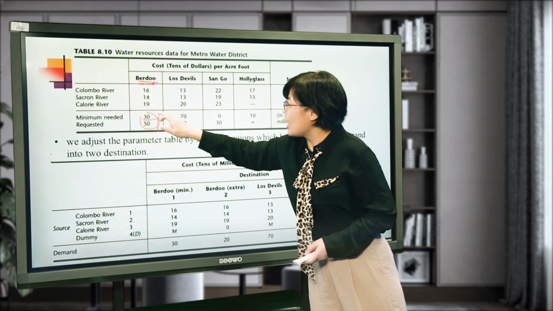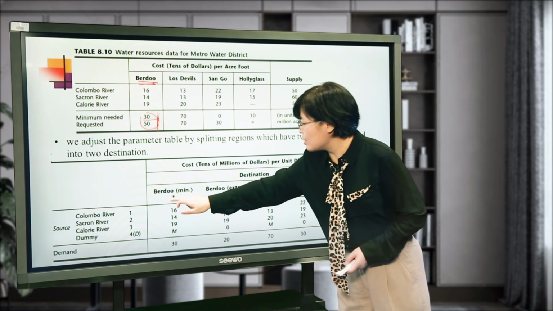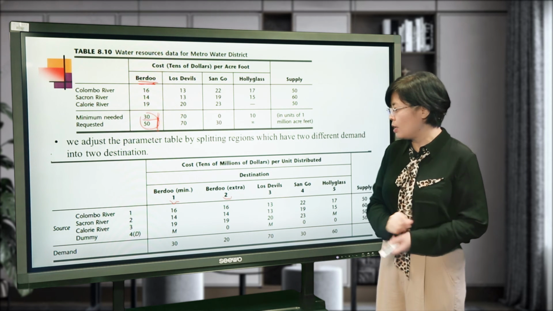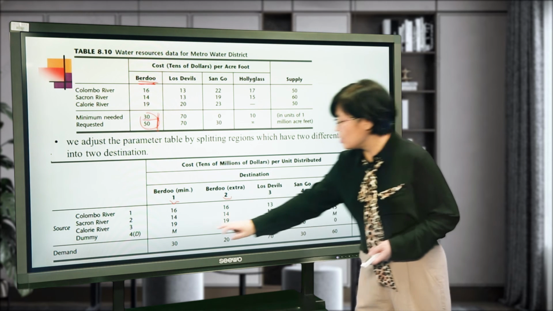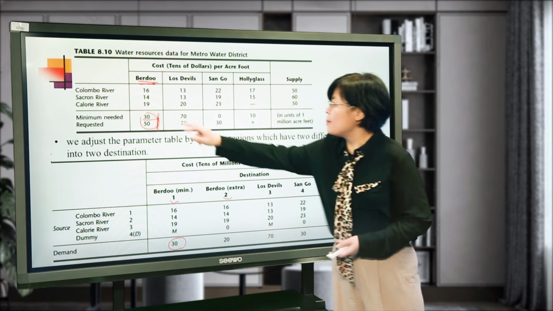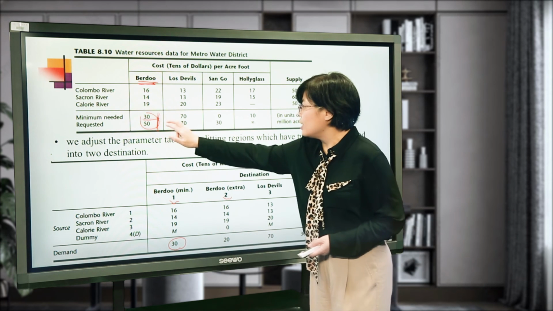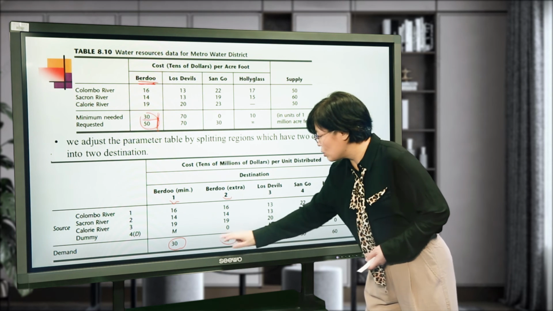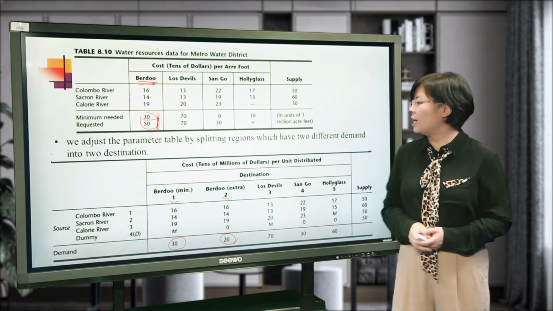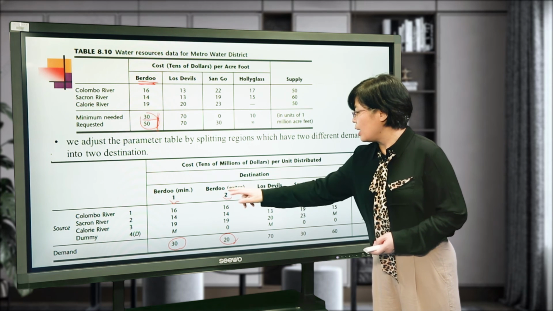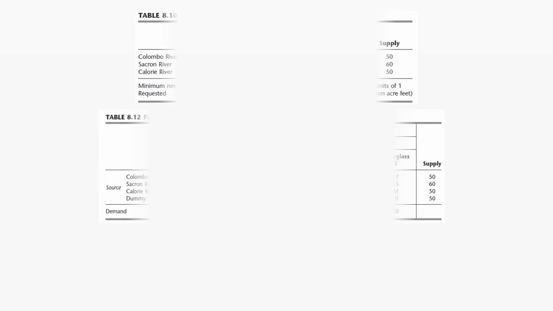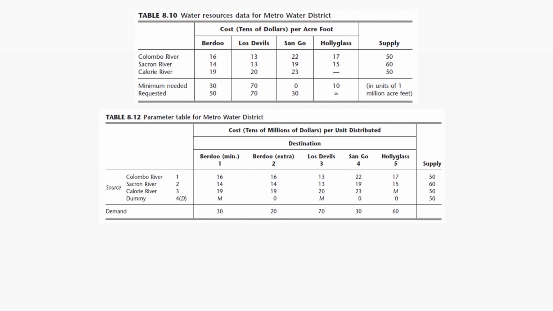This destination has 2 demands, and we split it into Bandung 1 and Bandung 2. The demand here is 30 for the minimal needs, and 50 minus 30, which is 20, is the extra Bandung demand.